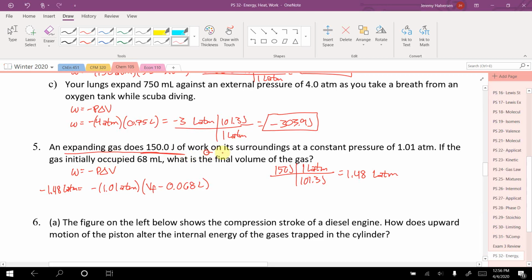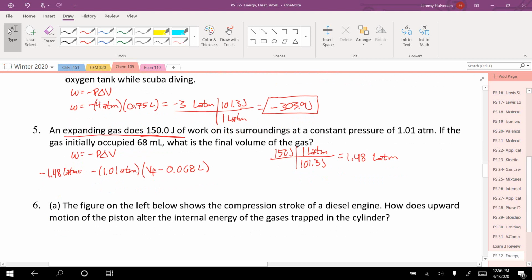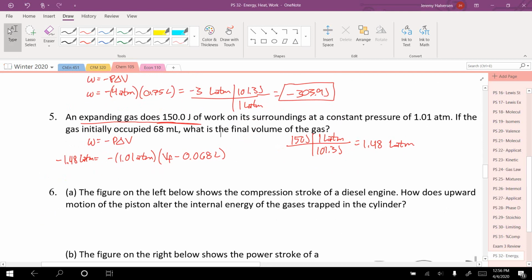Here, the system does the work on its surroundings, so it's got to be negative. The system's losing energy. Okay, and now our units make sense, our signs make sense, and we can go ahead and solve. So I divide by the negative 1.01, and I get 1.466 liters equals V final minus 0.068 liters. Add it over, and I get V final equals 1.53 liters.